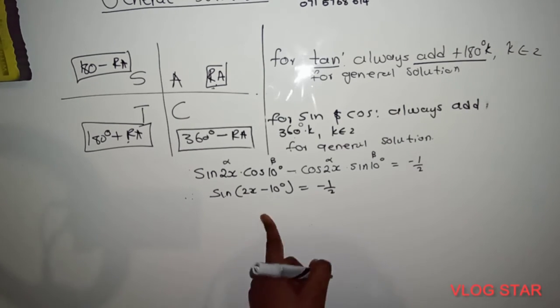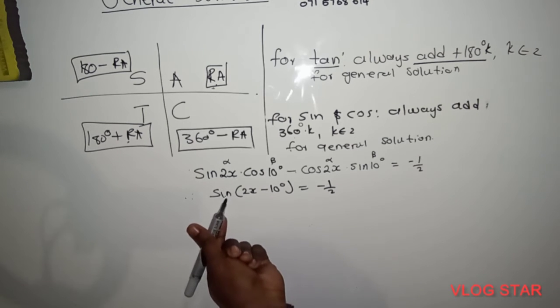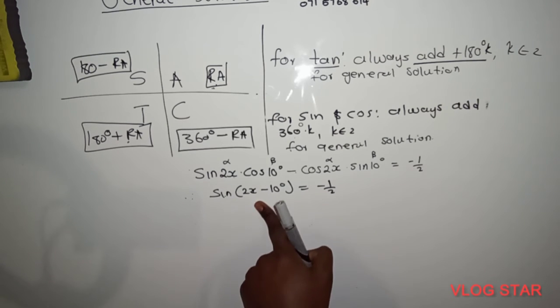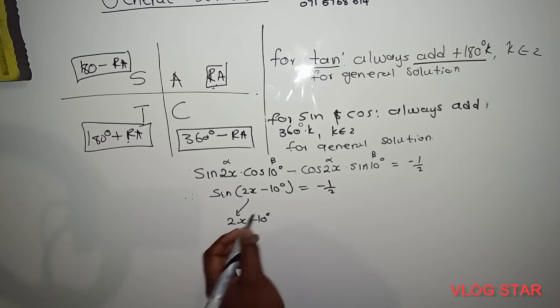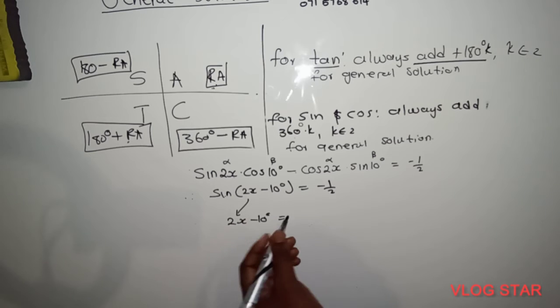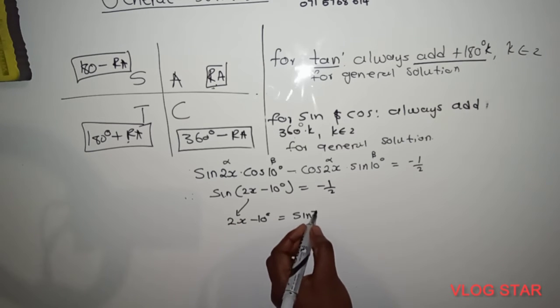Don't worry about it. The reference angle is going to be the arcsine of this, but the remaining is just 2x minus 10 degrees, which will remain like this.